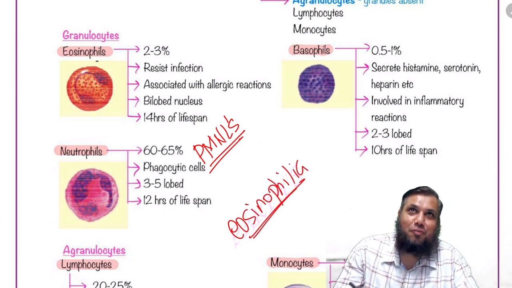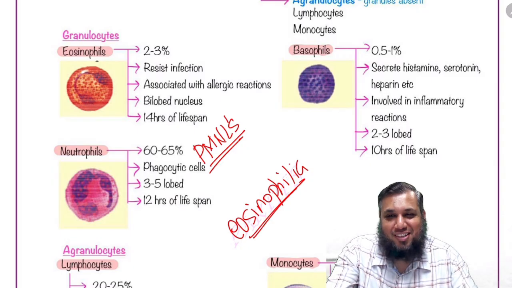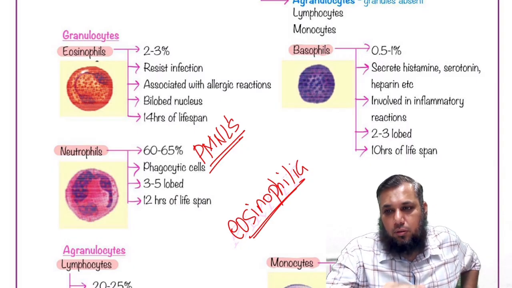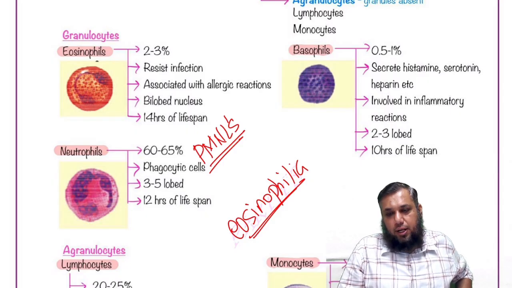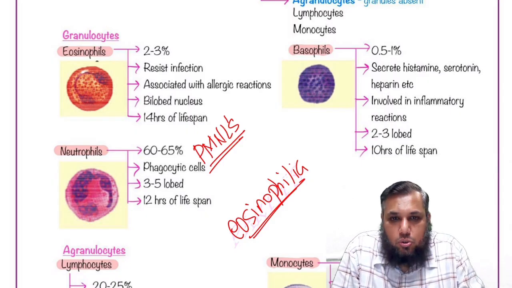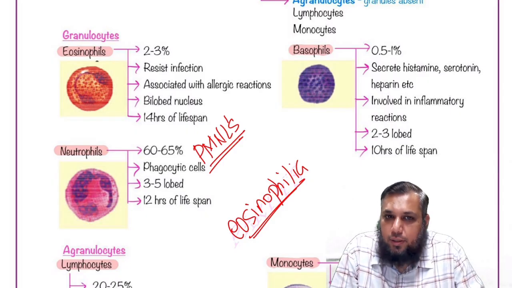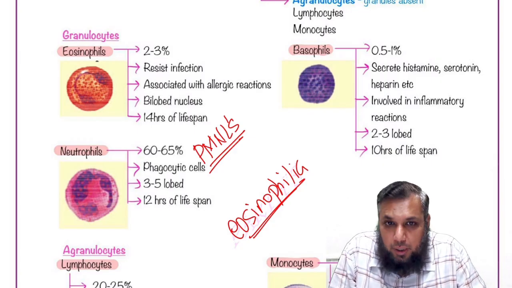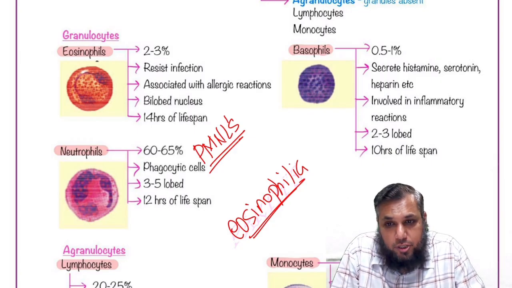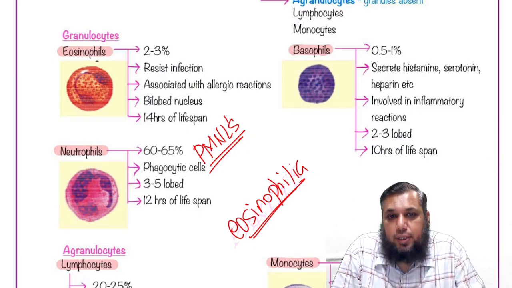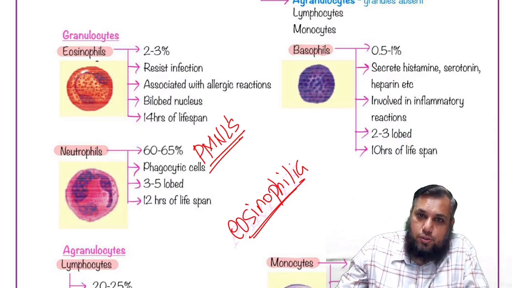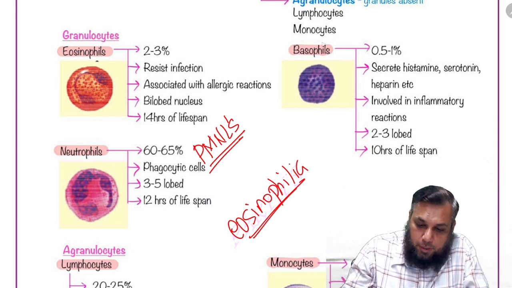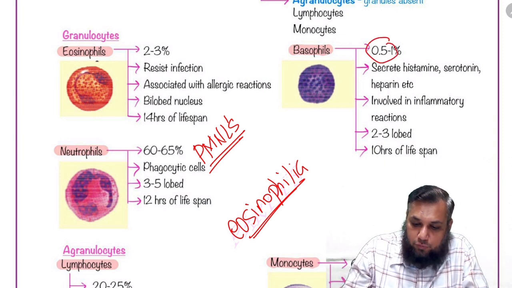So eosinophilia is a condition in which the count of eosinophils increases. So now one thing is very clear with us, that eosinophils help us to fight allergies because they are antihistaminic. So if your patient has an allergic reaction, definitely the eosinophil count will increase, and this condition we call eosinophilia. Right students, then we have these basophils, which are 0.5 to 1%.